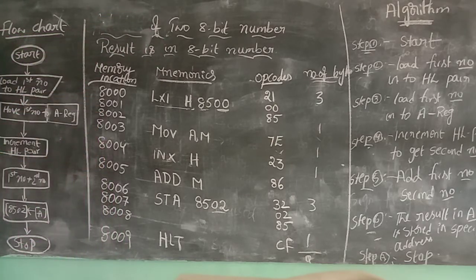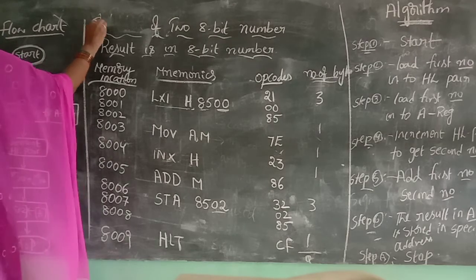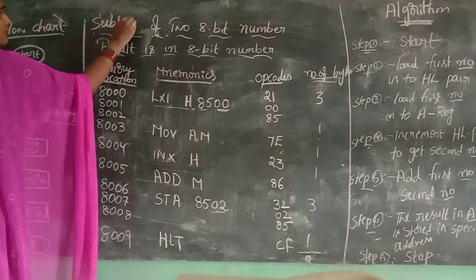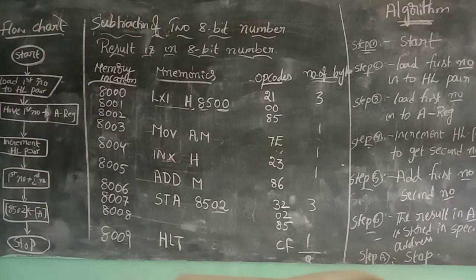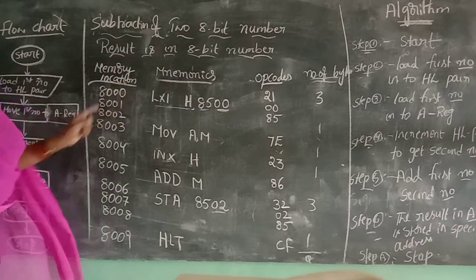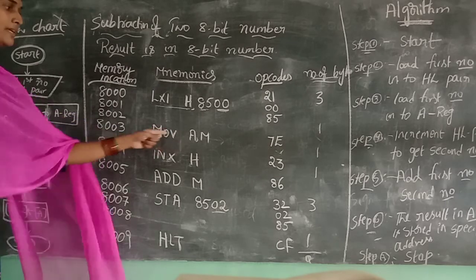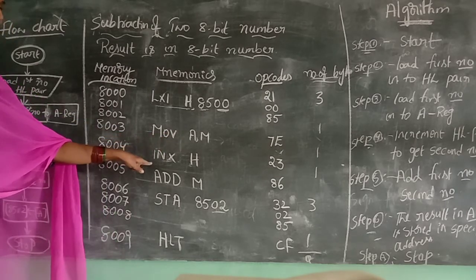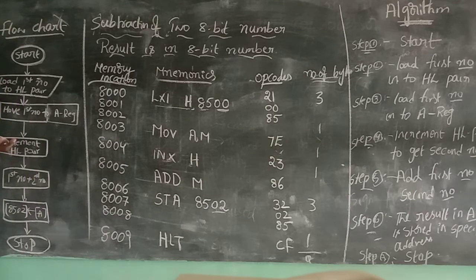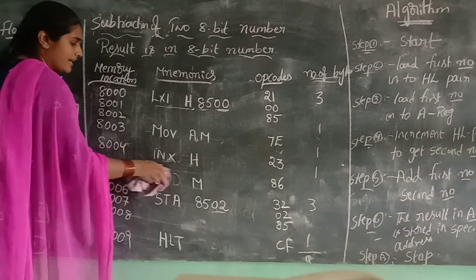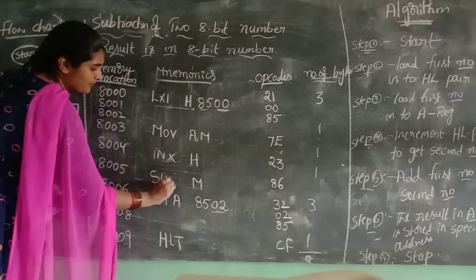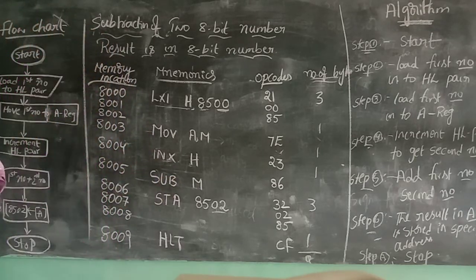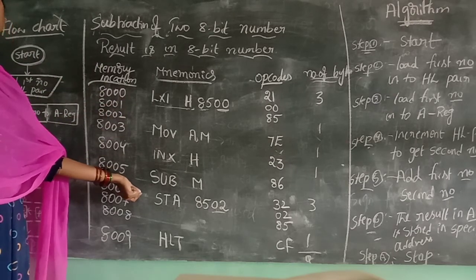Now we did addition. In subtraction, get the first number into HL pair and that number into accumulator, increment the HL pair for the next data. For this, instead of ADD, we just write SUB M. That is the only difference in the program.